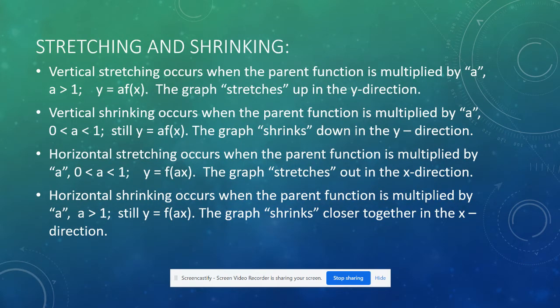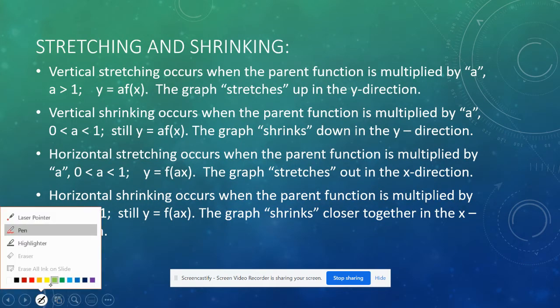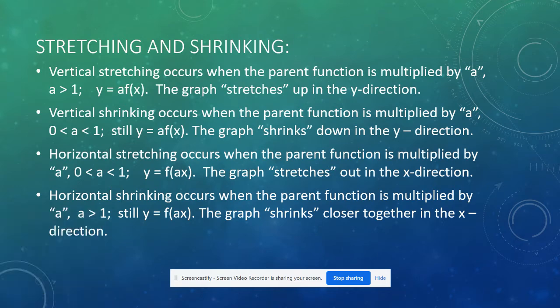So from that exploration, let's talk about filling in some of the stuff on our notes here. So we have a vertical stretch when we multiply by a when a is more than 1. Notice that the a is in front of the function. So this would be y is equal to 2 times the absolute value of x. It stretches up in the y direction.